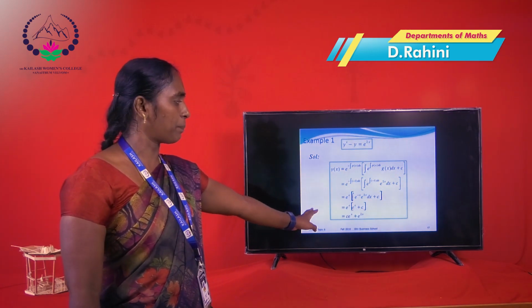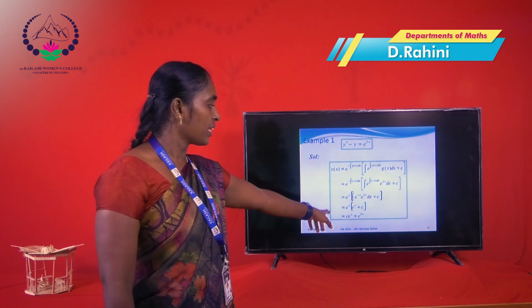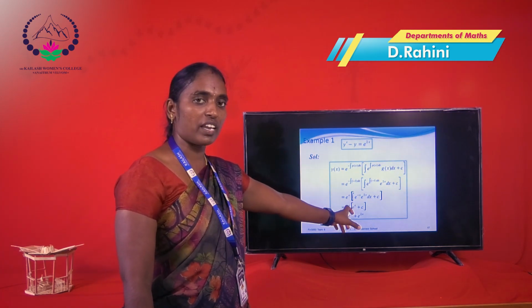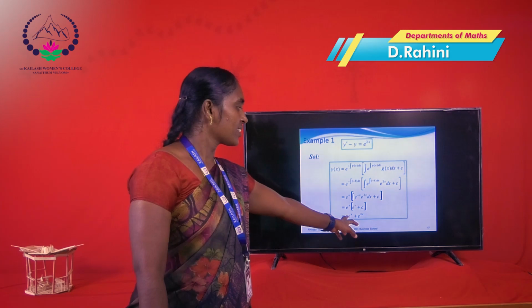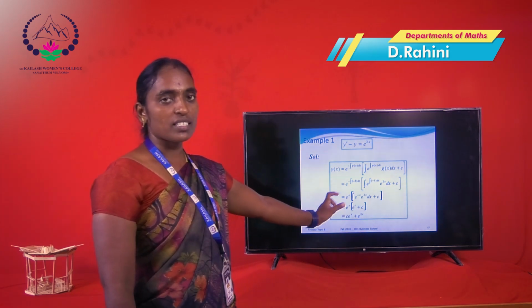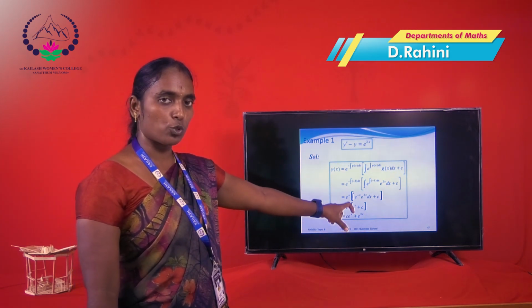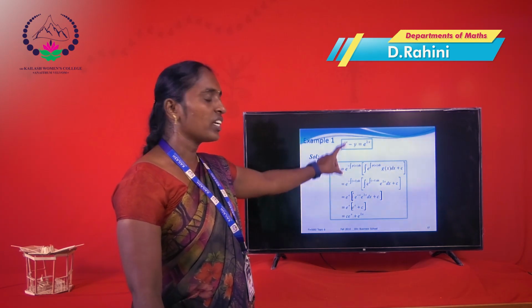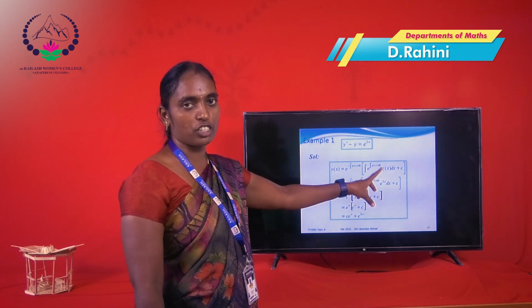Multiplying by e^x, we get e^(2x) plus c e^x. So c e^x + e^(2x) is the solution of this given linear ordinary differential equation.